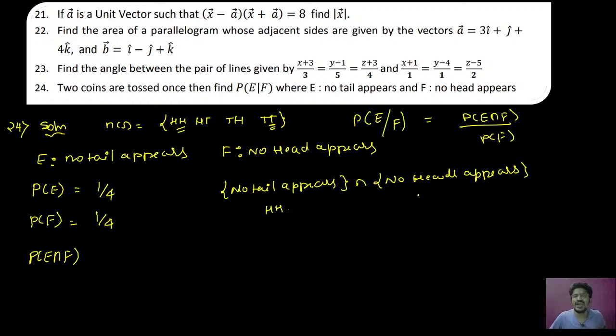HH. No head appears means what? TT. If I take the intersection of these two, this is empty. That means here 0 by 4 will be equal to 0. So now 0 divided by 1 by 4 is what? 0. Therefore, your answer is 0.